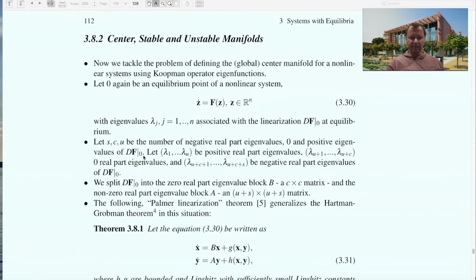So we're going to set x star, our equilibrium point, at 0 again. The nonlinear system is now going to be labeled z dot is f of z, because I have x and y reserved for some other representation. Eigenvalues at the fixed point 0 are lambda j.